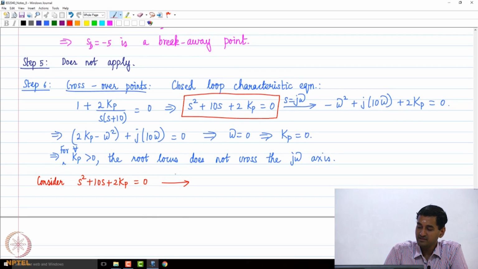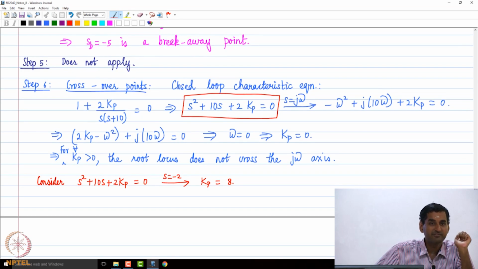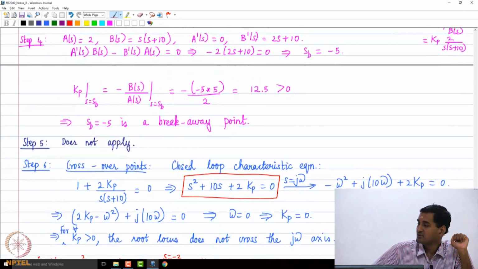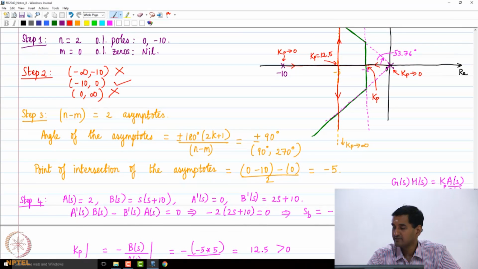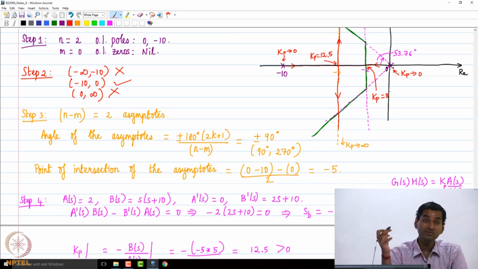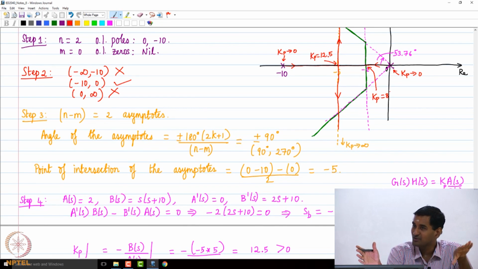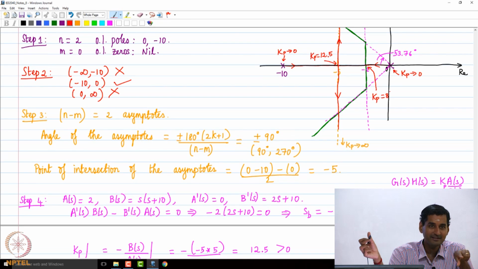If you substitute S equals -2, we get Kp to be 8. That's pretty straightforward algebra, correct? So Kp is going to be 8 here. Now you can see what we have done, right? For stability, we wanted Kp to be greater than 0. For performance, Kp should be greater than 8. Only then both branches will enter into this trapezoid.